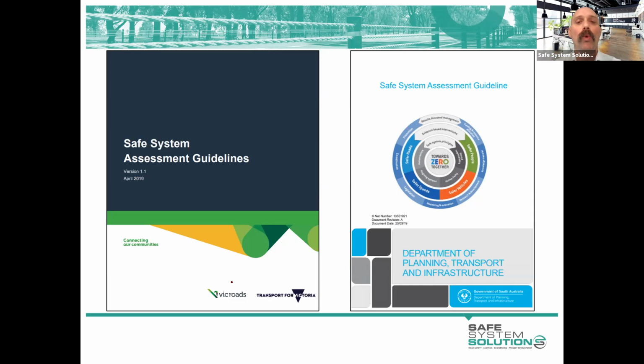So we've been working with the Department of Transport in Victoria to produce these fact sheets as an interim stopgap while they look to do another update of their guidelines and encourage Austroads to do a version 2 of the Safe System Assessment Framework.